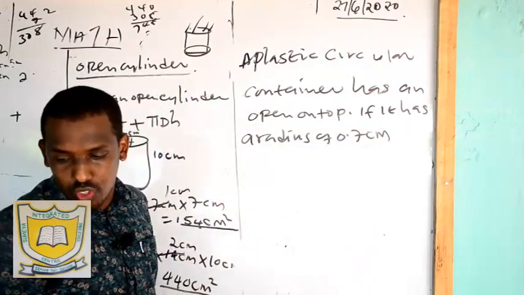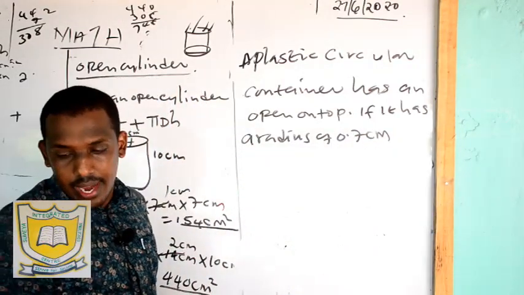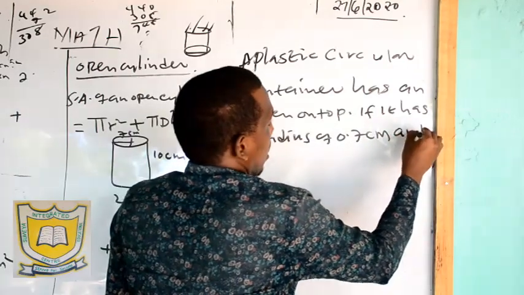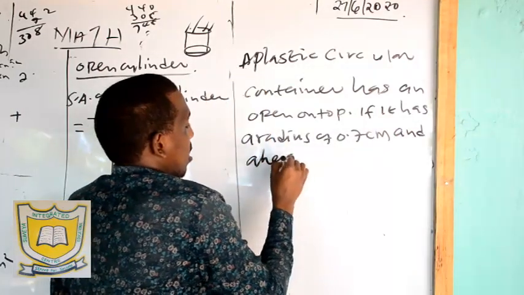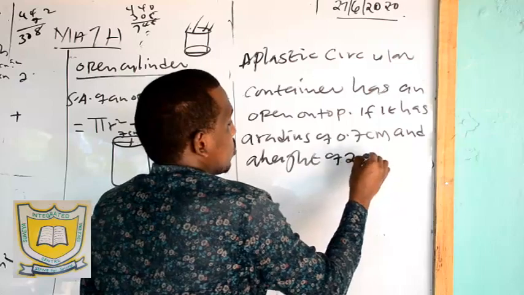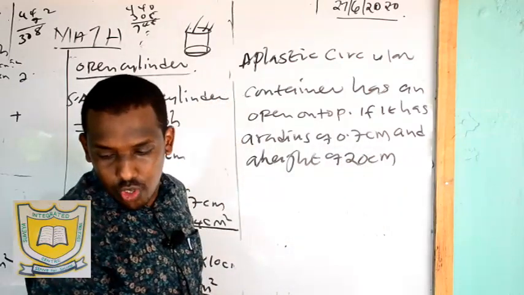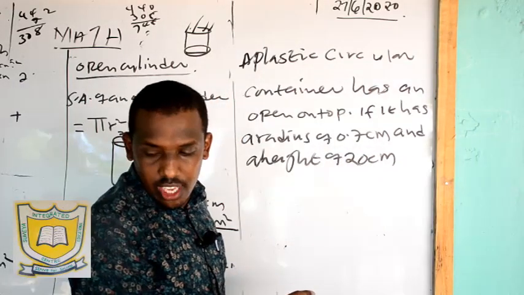If it has a radius of 0.7 centimeter and a height of, let's say, 20 centimeter, then the question is asking, what is its surface area?